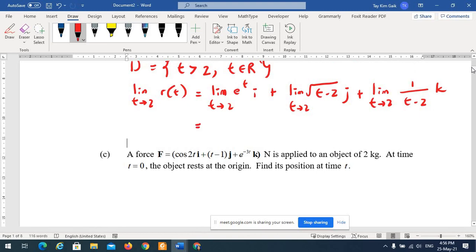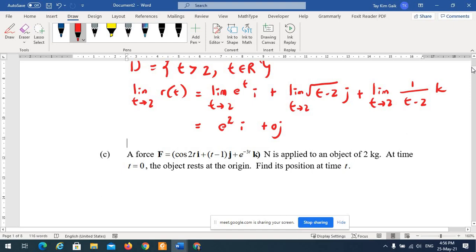To find the limit, first thing you try to substitute when t approaches 2, you plug in 2 here. So the limit will be e^2. And then when t equals 2, I plug in here 2 minus 2, so you get 0j.